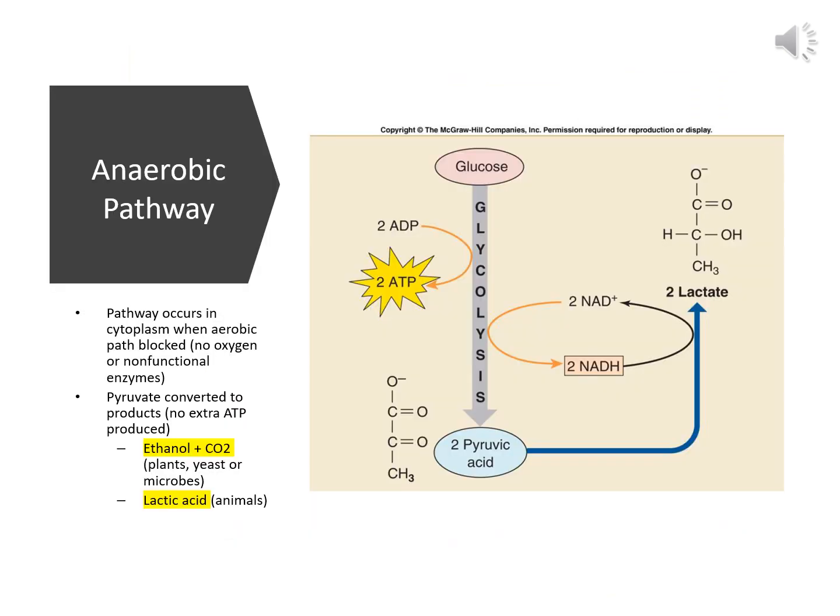Remember that the pyruvate, also known as pyruvic acid, must be groomed in order to go down through the aerobic pathway. If it cannot, then it's destined for the anaerobic pathway. So we still have glycolysis taking place, but it's the fate of that pyruvate. In the diagram here, you see how in animal cells, like our own, pyruvate is converted to lactate, also known as lactic acid.